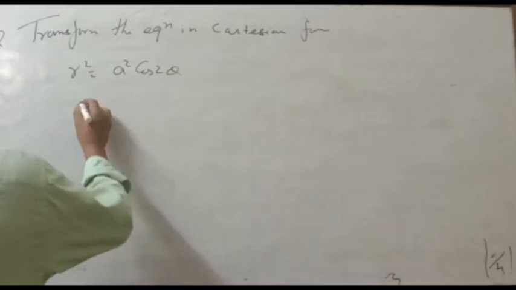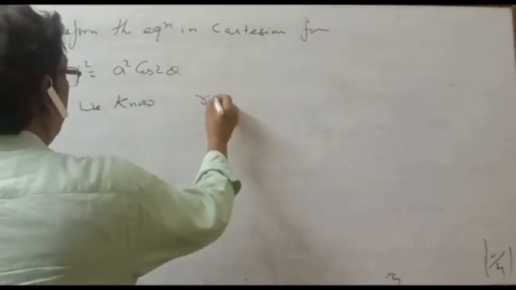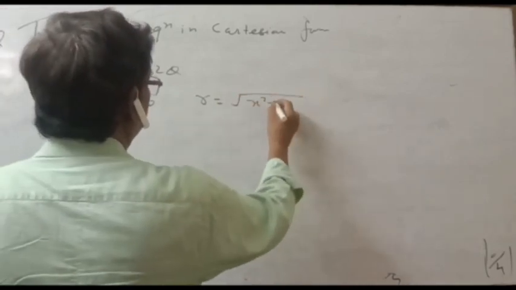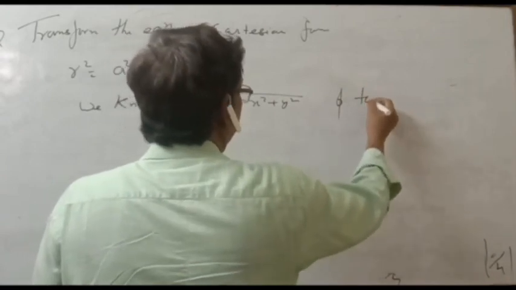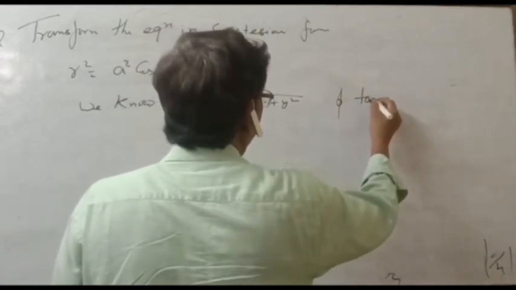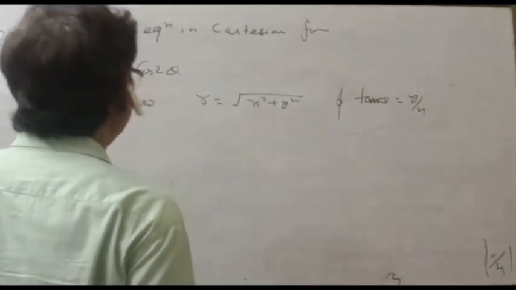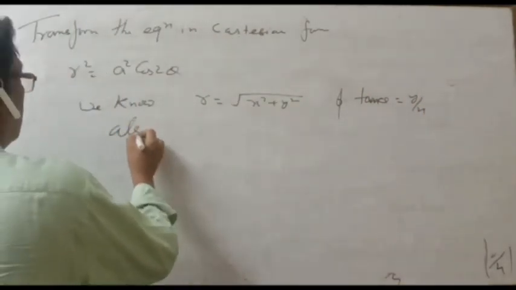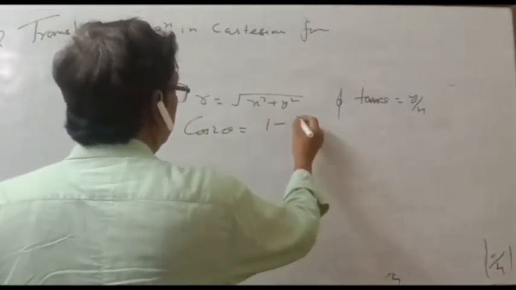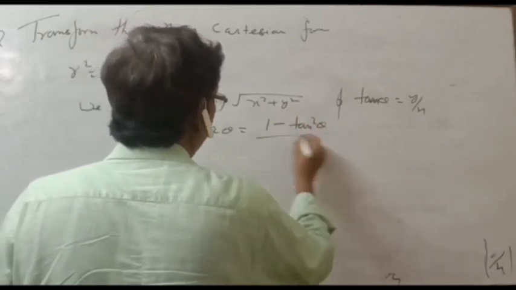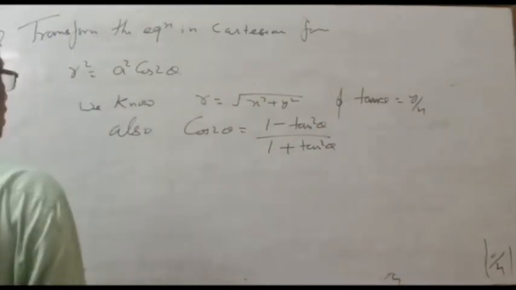We know r is equal to root under x square plus y square, and tan theta is equal to y by x. Also, cos 2 theta is equal to 1 minus tan square theta by 1 plus tan square theta.